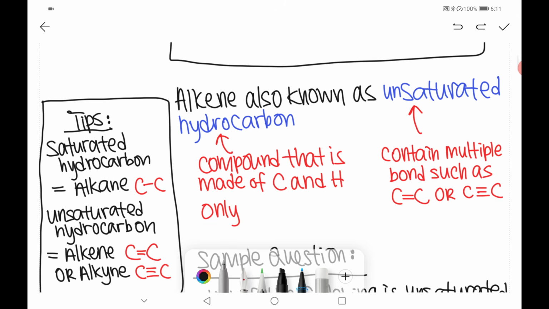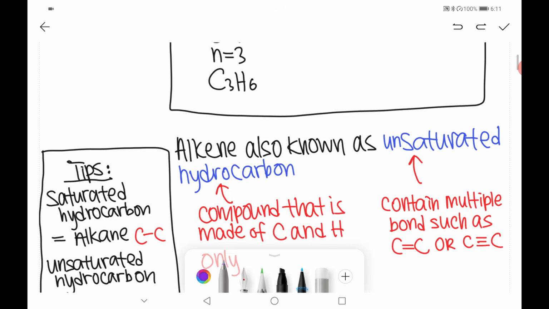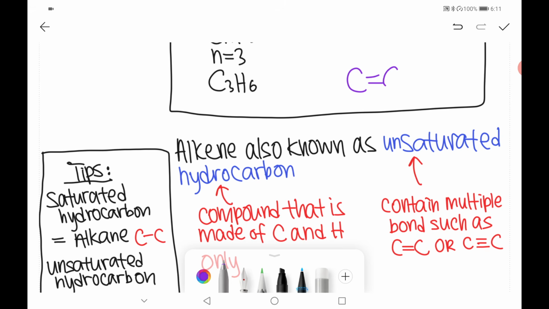The word unsaturated means that you have a double bond or triple bond. Saturated means you only have single bonds. Alkene has a carbon-carbon double bond. That's why it is unsaturated.